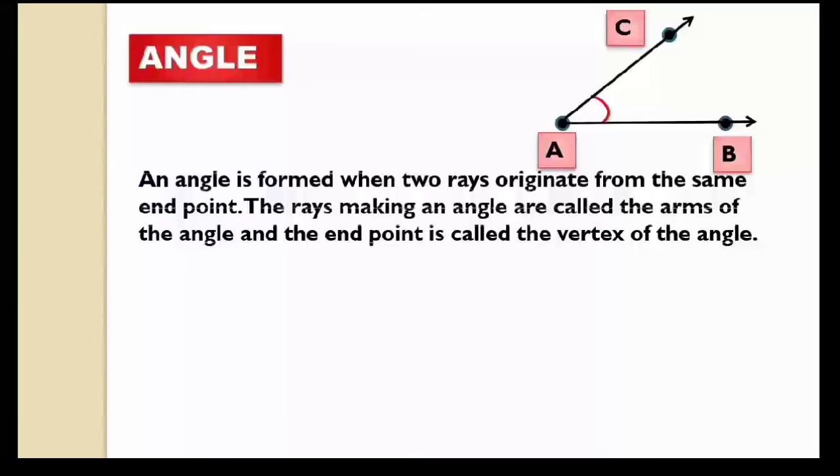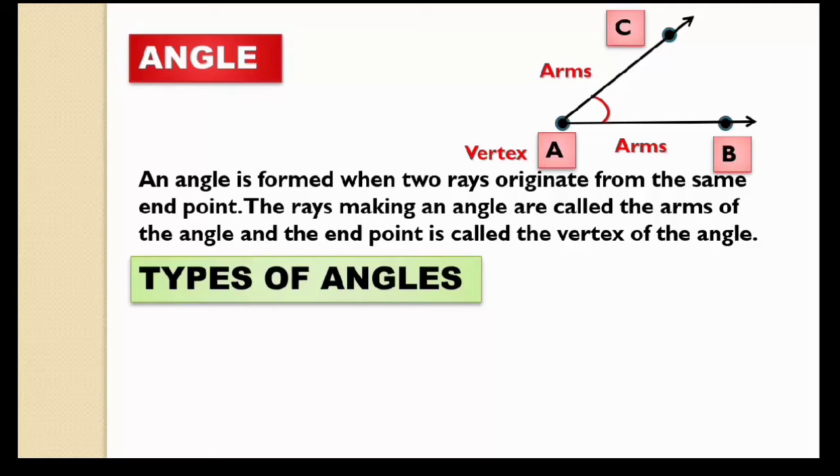The rays making an angle are called the arms of the angle and the end point is called the vertex of the angle. In this diagram, you can see two rays AB and AC are the arms of the angle and the end point A is the vertex of the angle.